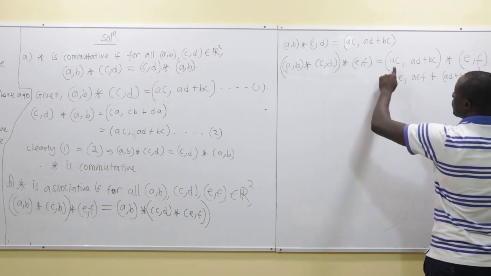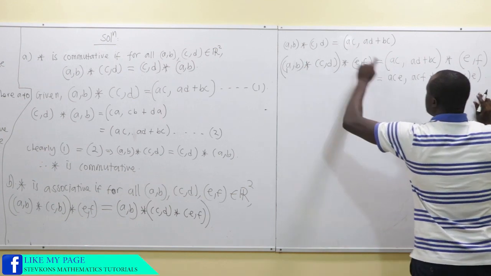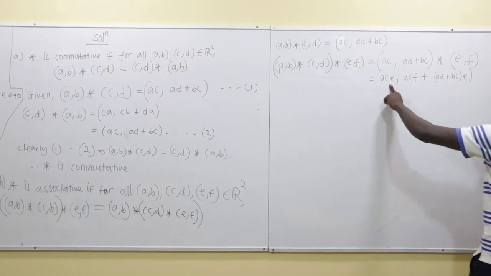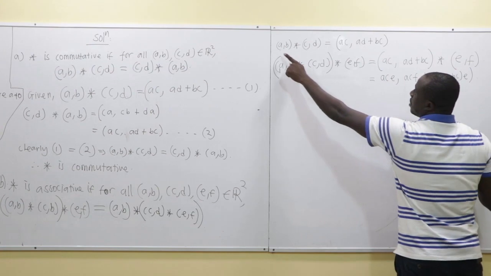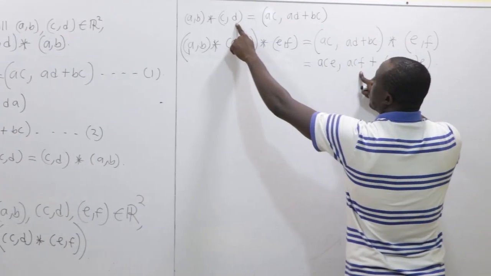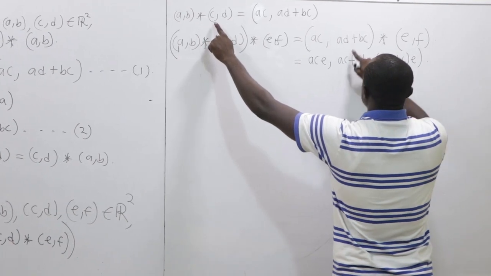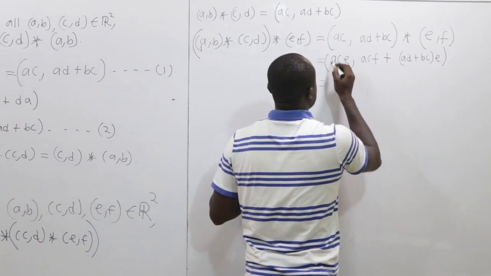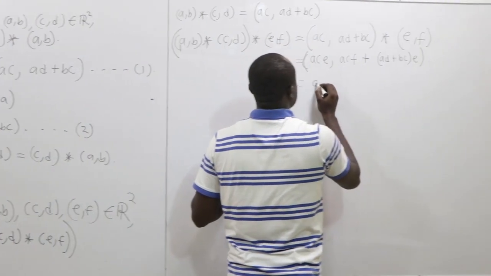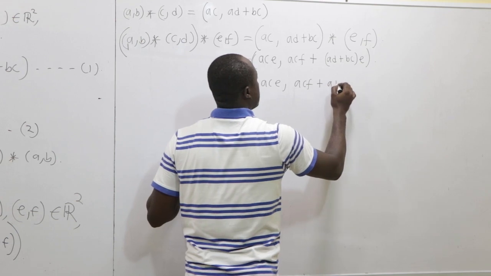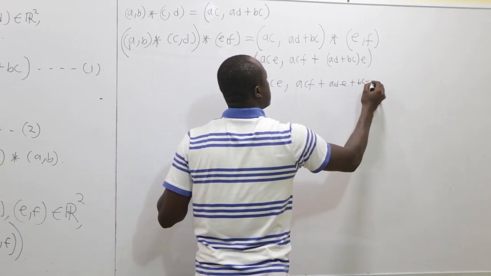So AC times E gives us ACE, and then the next one says AD, so this times F, ACF, and then plus BC times E. So when you expand, what are we getting? We'll be getting ACE, ACF plus ADE plus BCE.